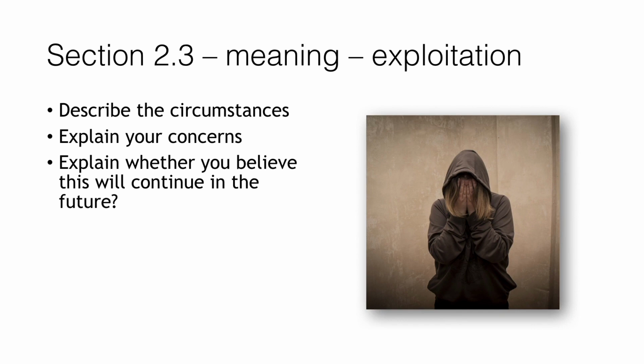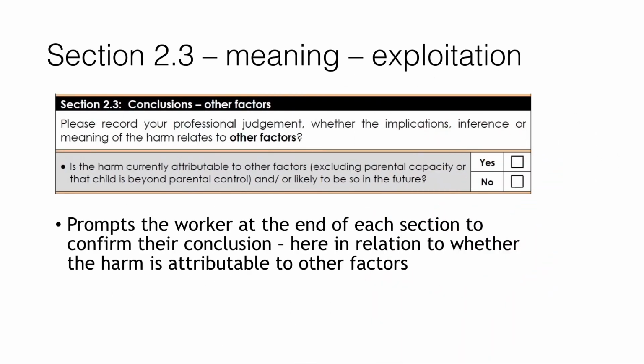Firstly, an objective account of what takes place, titled "Please describe the circumstances," followed by "What is it about that worries you?" It asks, explain your concerns about the behaviour and its consequences. The second section explores the likelihood that it will occur in the future. The section finishes with a professional judgment conclusion.